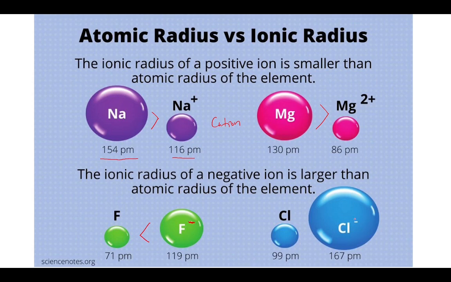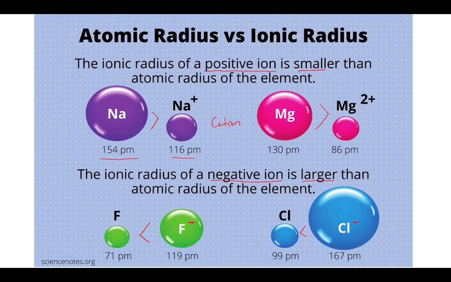The same for chlorine. So what can we say here? A positive ion is always smaller than the neutral atomic radius of the element, and a negative ion or anion is always larger. You need to remember this.